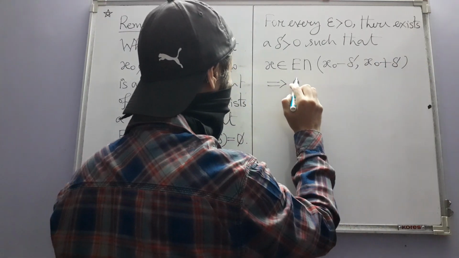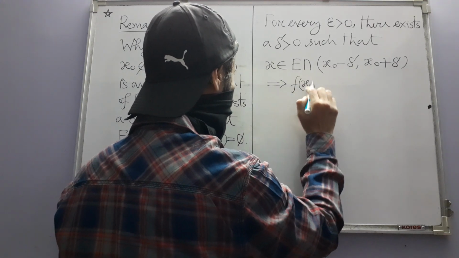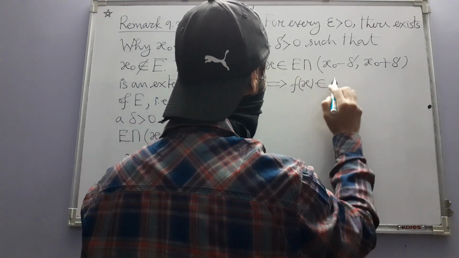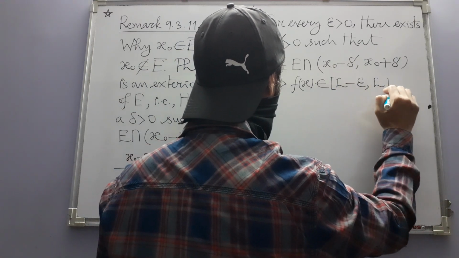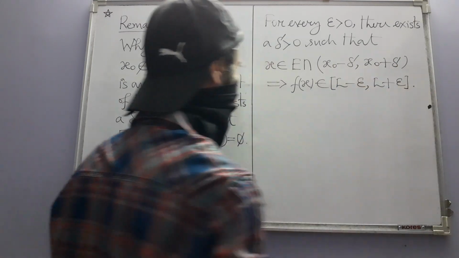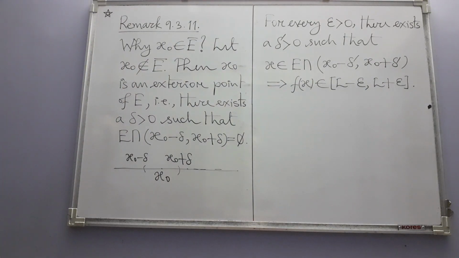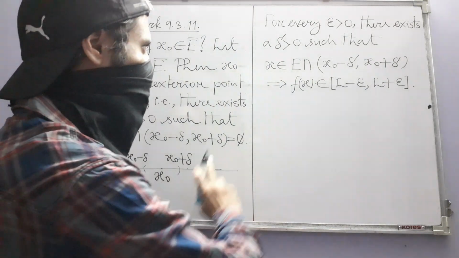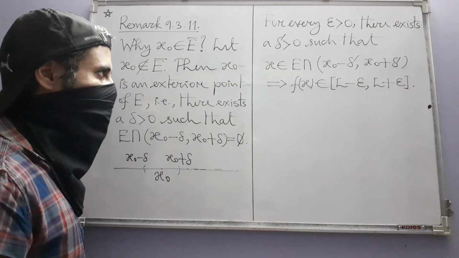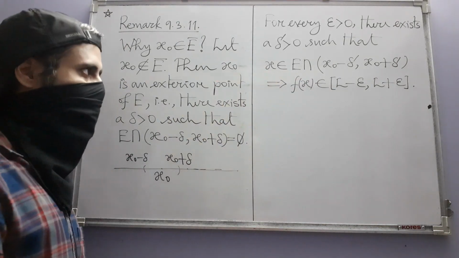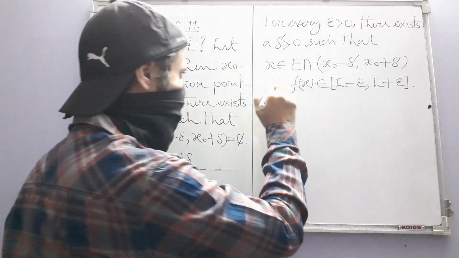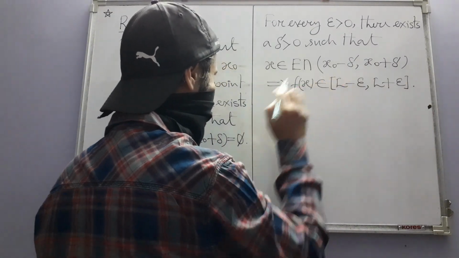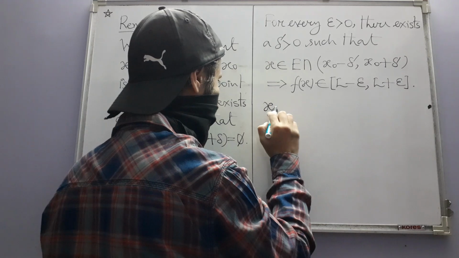implies, okay, so combine this with this and take delta prime equal to delta, and let's see what happens to the implication. Let's see how things look when we take delta prime equal to delta.